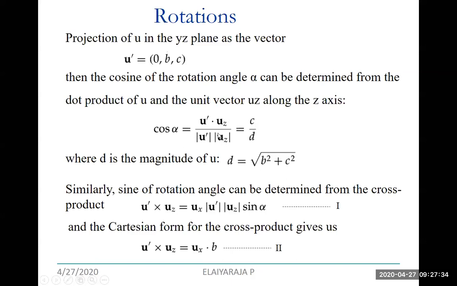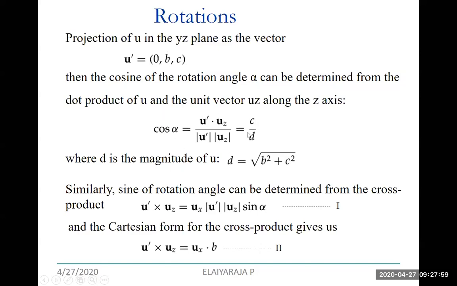So U dash is going to be root of 0 square plus b square plus c square. Here your root of 0 square plus 0 square plus 1 square. Okay, so multiply these two. Here you will get root of b square plus c square.